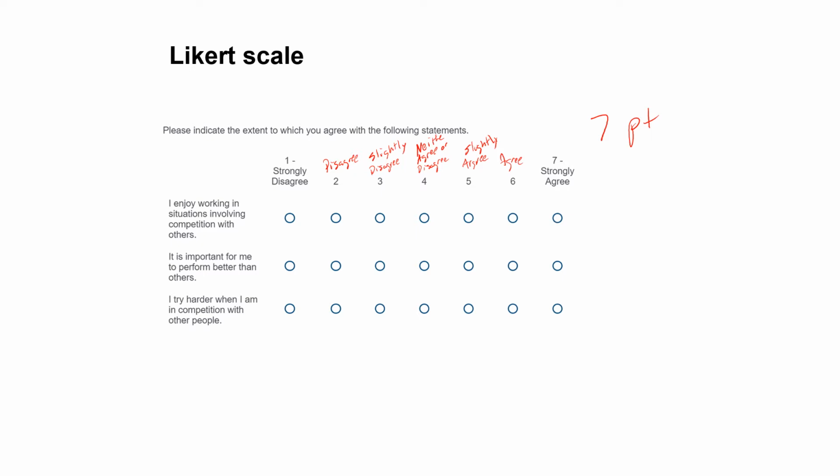And the nice thing with Likert scale is you can just put this statement at the top. Please indicate the extent to which you agree with the following statements. And then you can make multiple statements that use the same scale.